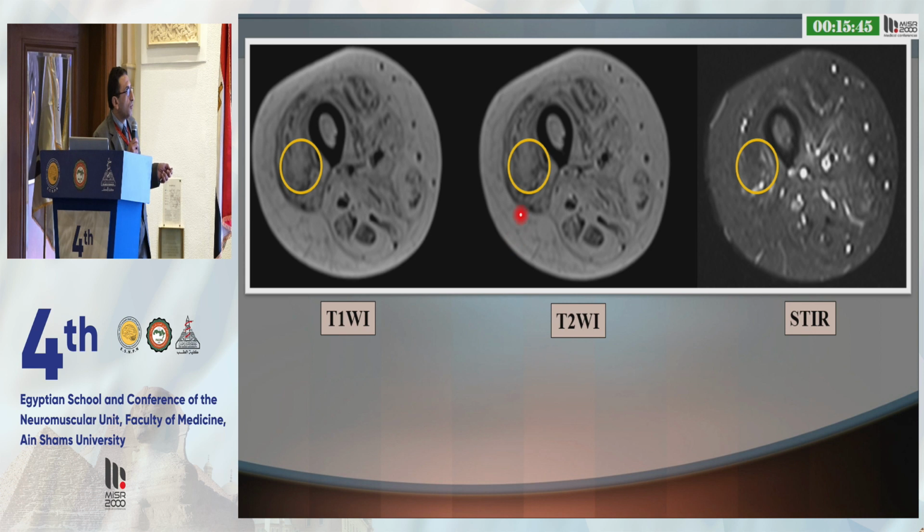This is also seen in T2 weighted images. The fat within the muscle is of higher signal, slightly lower than that of subcutaneous fat, while in STIR or fat suppressed images, the signal turns into low signal, similar to that of subcutaneous fat. This means this is the fat infiltration of the muscle.